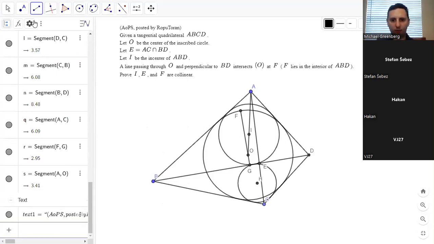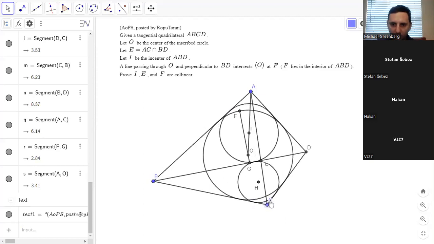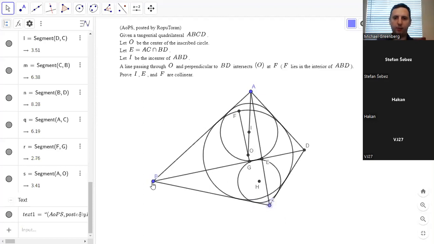So is that like a well-known fact that they're tangent? To me, yes. It's probably just a length chase, right? Because basically this segment is just (BD plus BC minus CD) over 2. And we want to show that's the same as (BD plus AB minus AD) over 2. And then that's just length chasing.